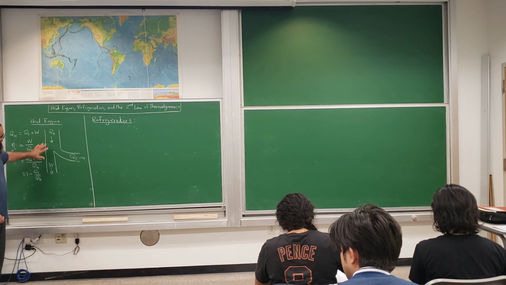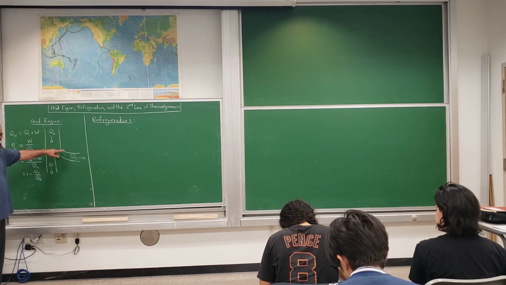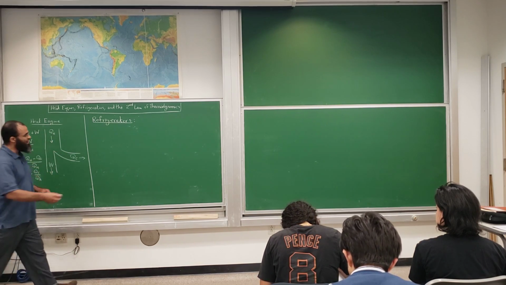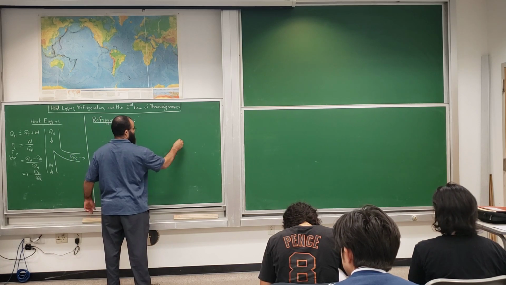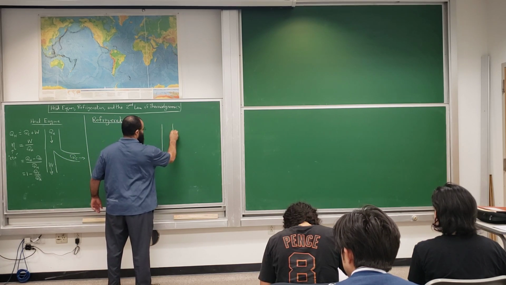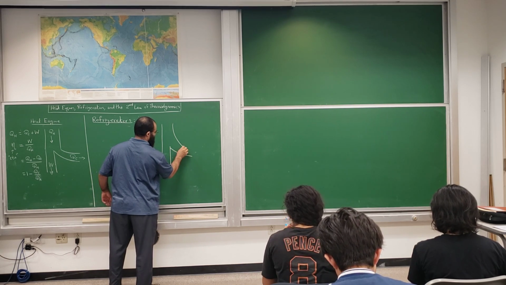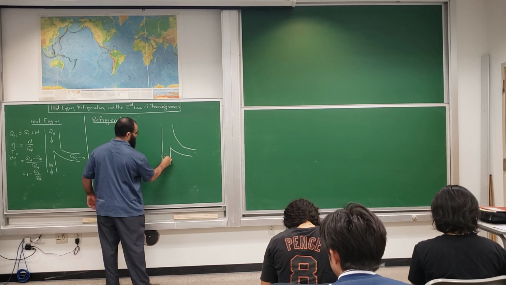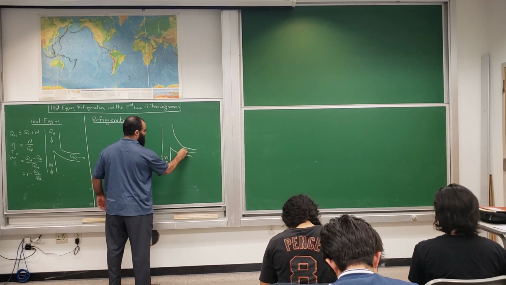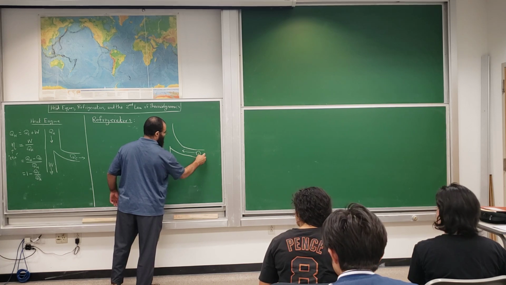So, how does the schematic look in that case? We still have QH and QC and W. Our room is here, and it will look like this. Work must be done in order to remove heat from the cold place. This is our room.